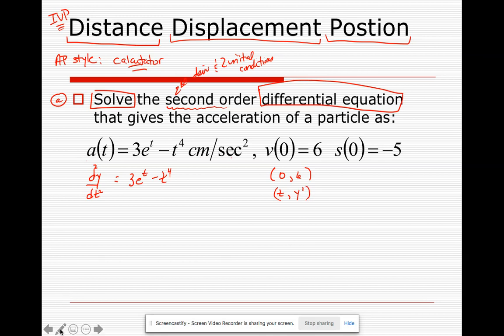So I'm going to anti-differentiate acceleration to get me to the first derivative. Undo the second derivative to get to the first derivative. Don't forget plus c.